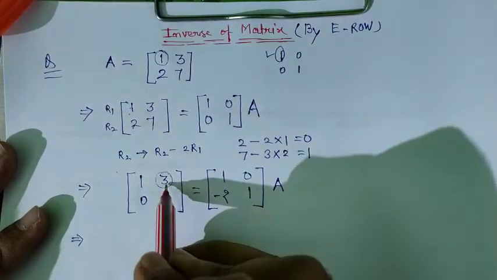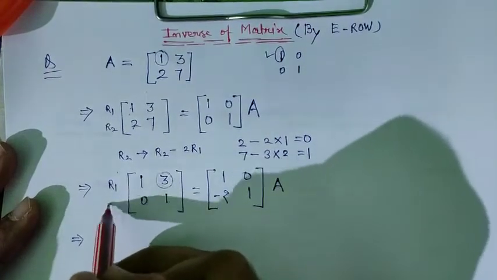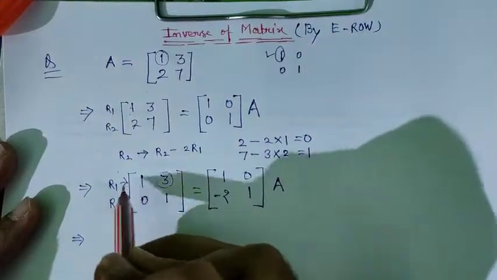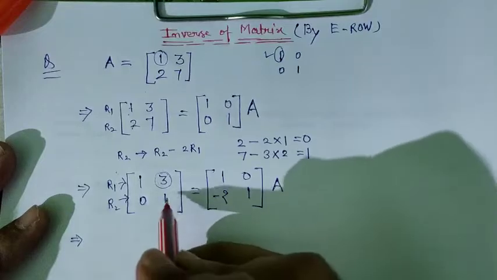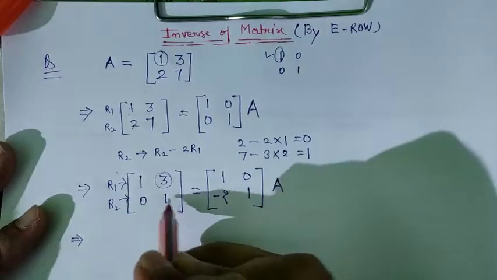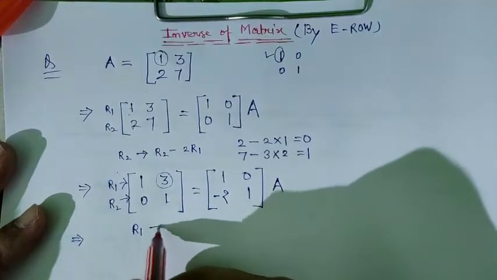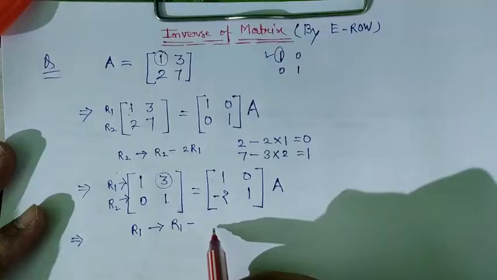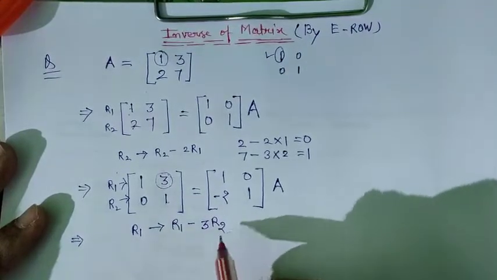To convert this into 0, what do we have to do? We will multiply and subtract. We will multiply this R2 by 3 and subtract it. So in R1 we will do R1 minus 3R2.